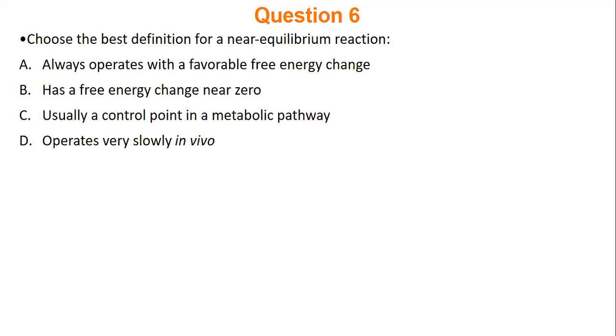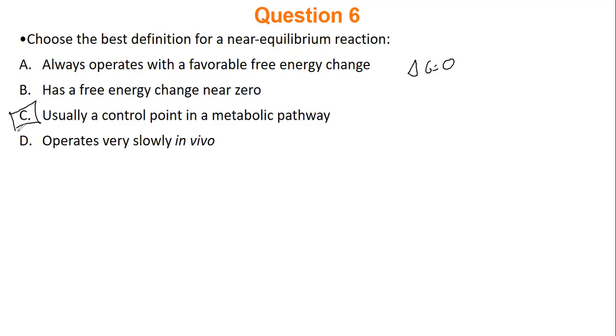All right, looks like we're all in, and most of us got that. Has a free energy change near zero. That is correct. That is near equilibrium, because remember, at equilibrium, delta G equals zero. So if you're near it, you're about zero.